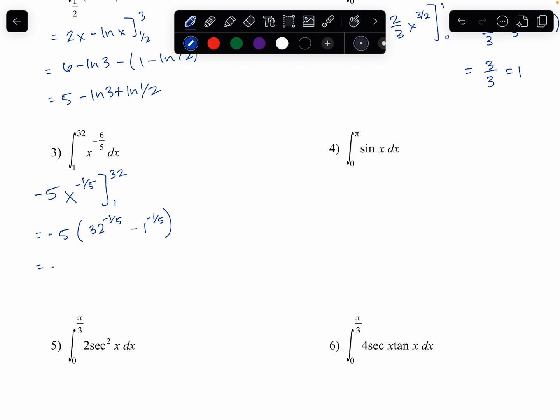That's going to be equal to negative 5 times, because that's the same thing as 1 over 32 to the 1/5, which is equal to 1 over 2, since the 5th root of 32 is 2. So it's going to be 1/2, and then minus 1. So negative 5 times negative 1/2 comes out to be 5/2, yeah?